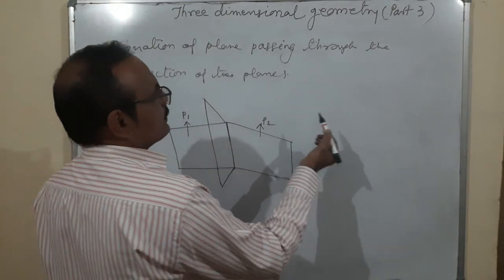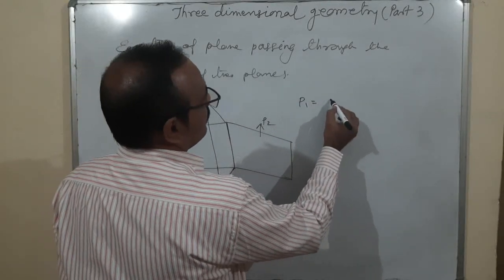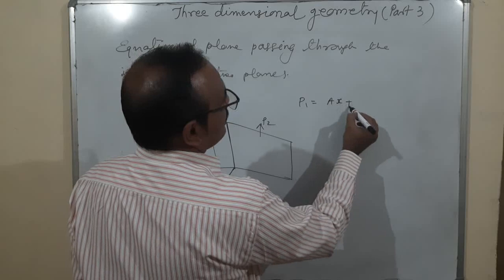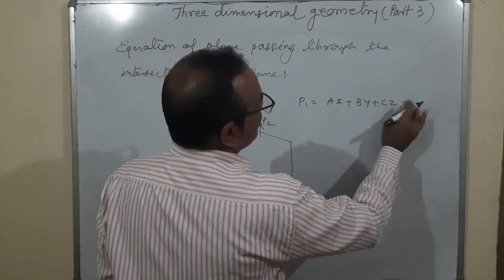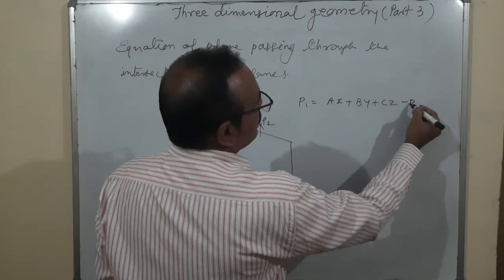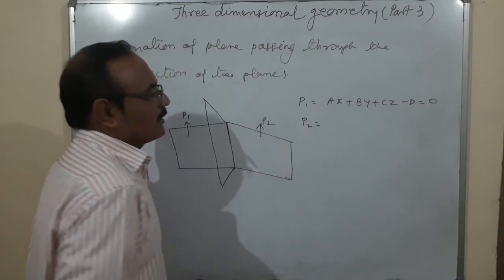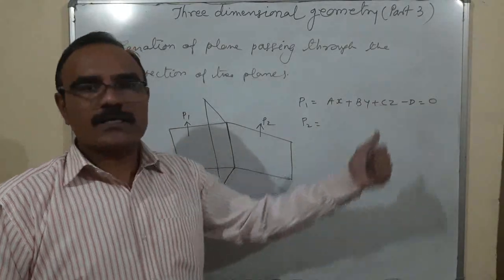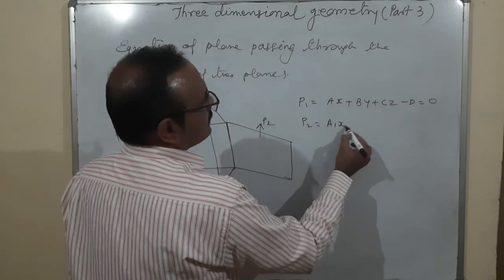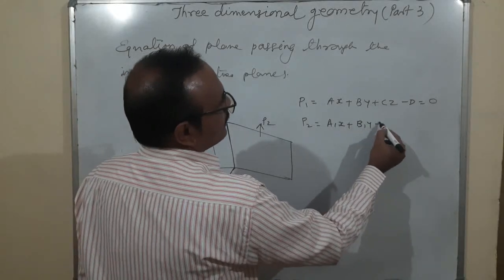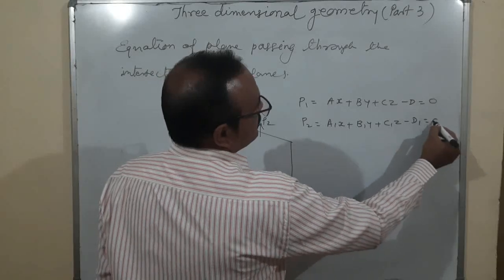Equation of this plane, we'll consider P1 is equal to AX plus BY plus CZ minus D is equal to 0, and P2 is equal to, because the direction ratios are not the same here, so here I want to take A1X plus B1Y plus C1Z minus D1 is equal to 0.